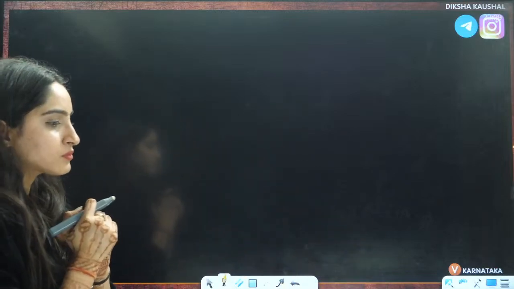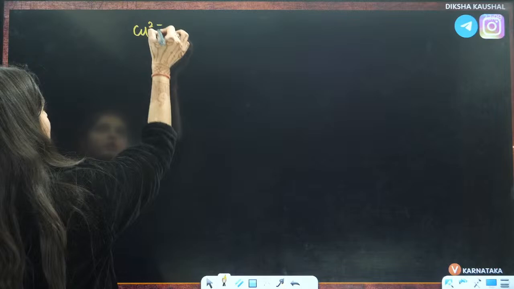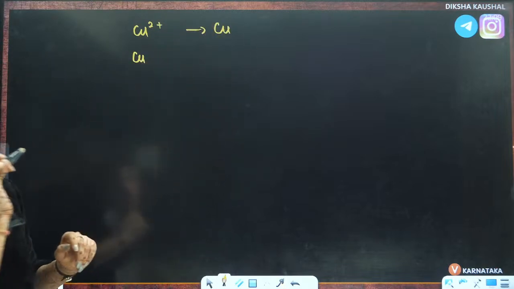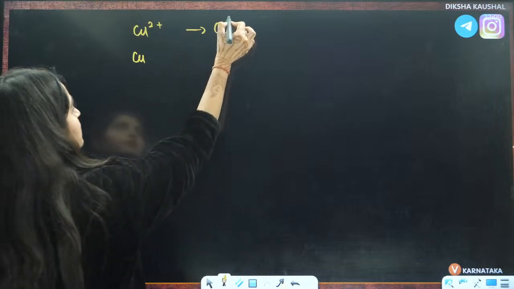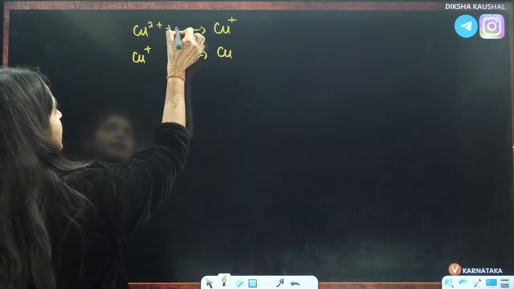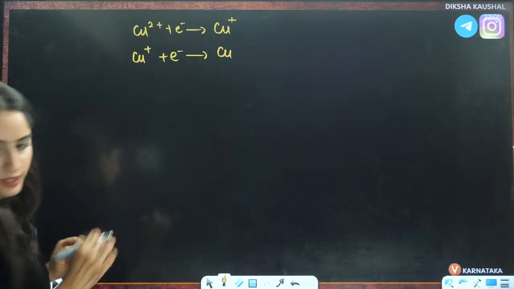Okay. Now, the last topic of today, which is also related. Suppose you have one reaction, which I am writing here. You have Cu2+ to Cu+, and Cu+ to Cu. Here it is gaining 1 electron, and here also it is gaining 1 electron.